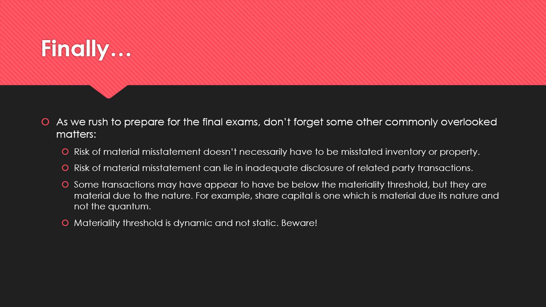Now, it doesn't have to be misstated inventory and property values. Risk of material misstatement can lie in inadequate disclosure of related party transactions, for example. Some transactions may appear to be below the materiality threshold, but don't forget, they are material due to the nature. For example, share capital is one where it is material due to its nature and not the quantum, right?